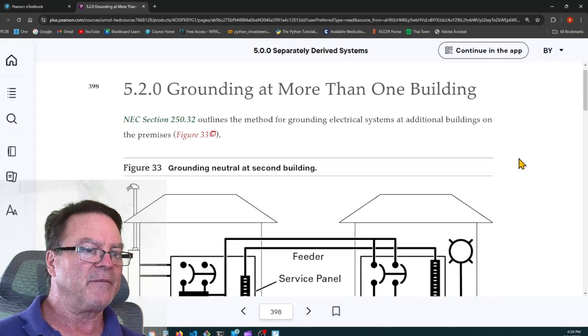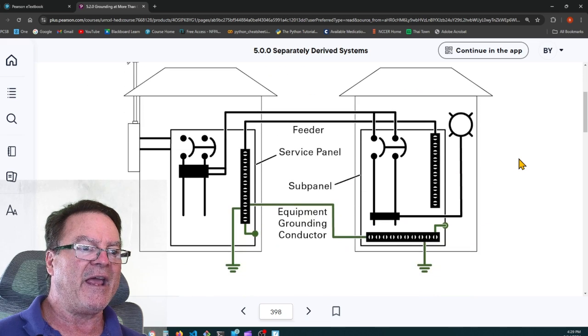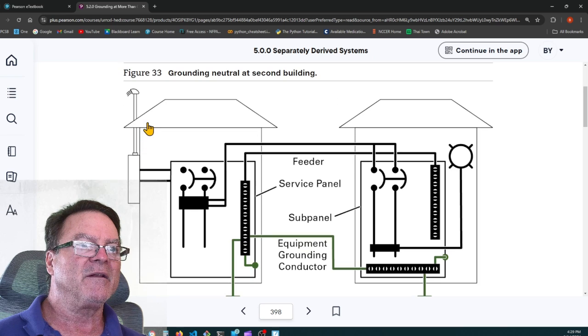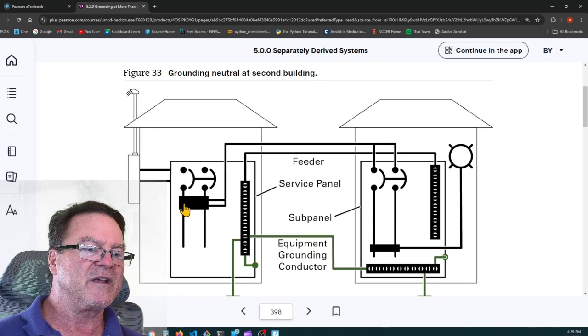Grounding at more than one building. So here we're taking a secondary panel off of the main panel. Here's the incoming feeder, the line going to the main breaker. Then we're taking a secondary, maybe 100 amp 2-pole breaker, and we're going out to a sub building. Here's the feeder.